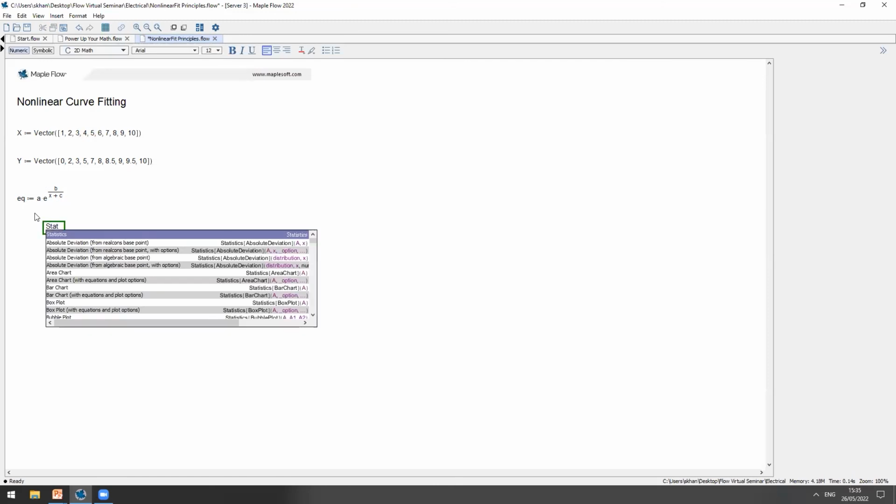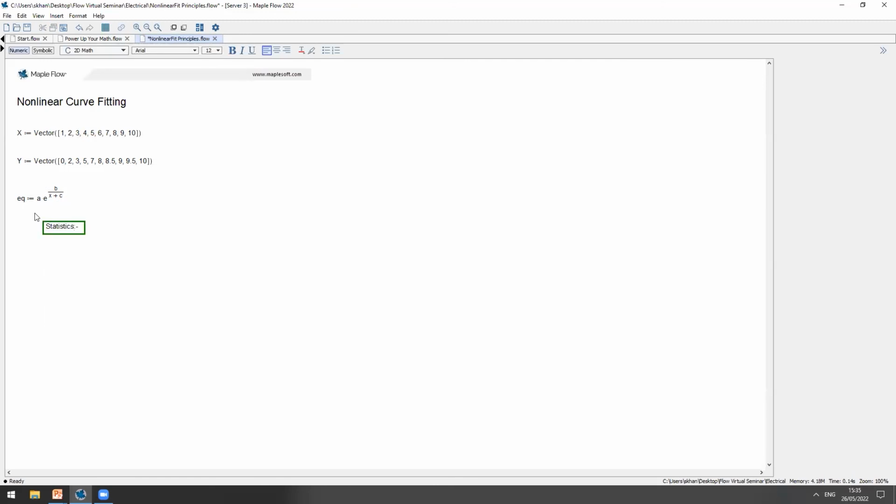If I want to fit my equation to my data and find the best values of A, B, and C, what I can do is use the NonlinearFit function from the Statistics package, and give it my model, my X and Y data, and the independent variable.